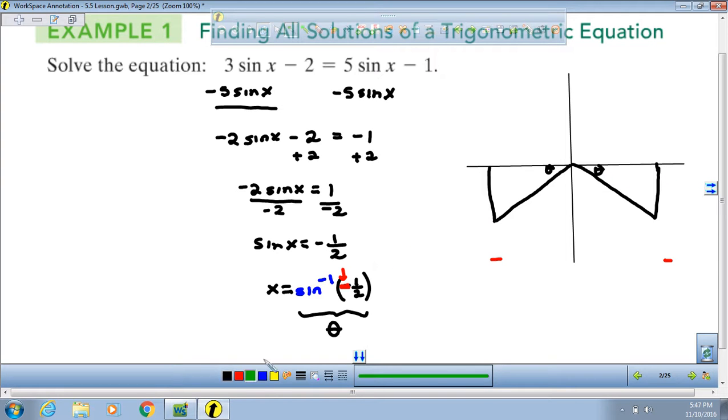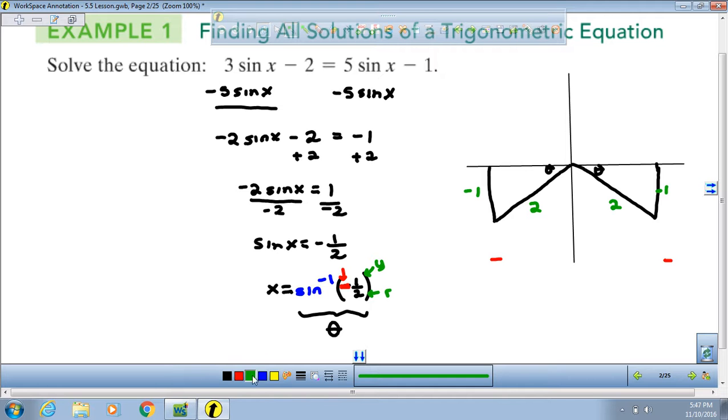What is sine? Y divided by the radius, right? Y is 1 and the radius is 2. Y also here is 1, the radius is 2. And it is a negative 1, right? Because it goes down. That's exactly what we see right here, negative 1/2.